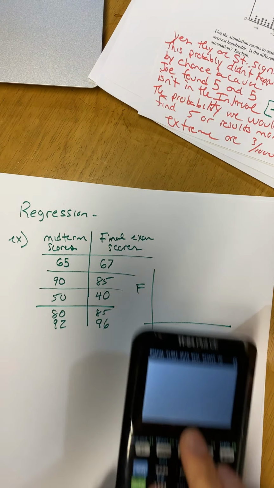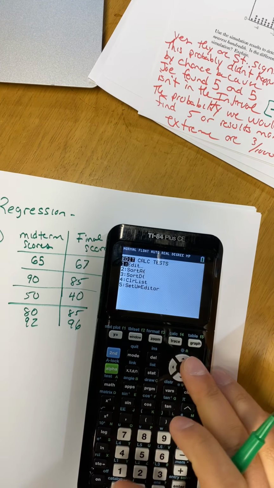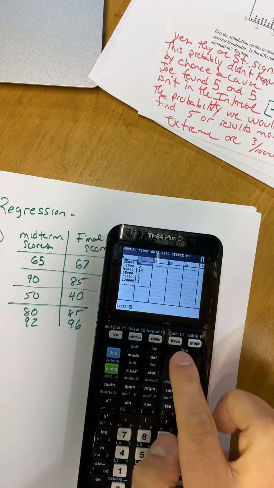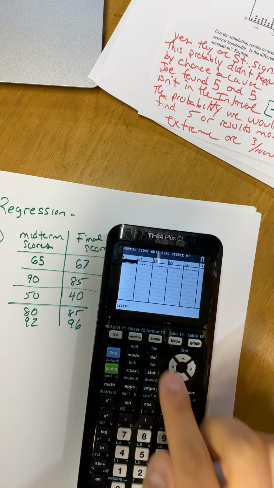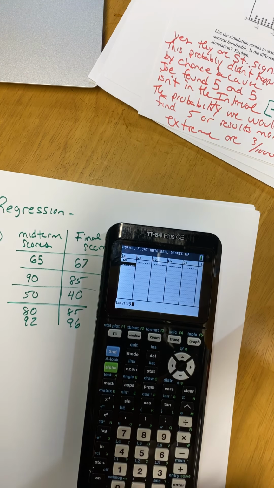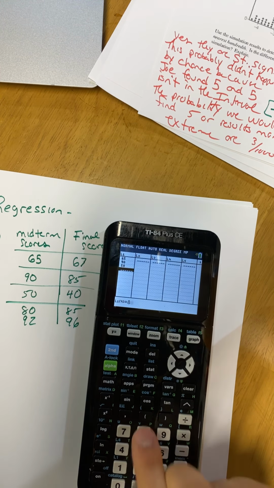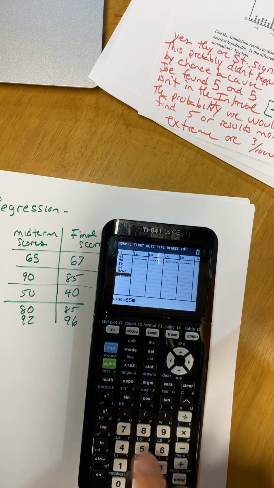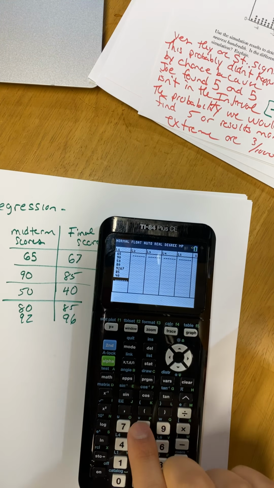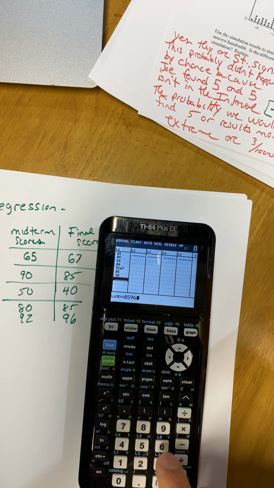what I would do is I would go to Stat, Edit, go up to the top, clear it down, hit the down arrow. Let's put these in: 65, 90, 50, 80, 92, 67, 85. Darn it.